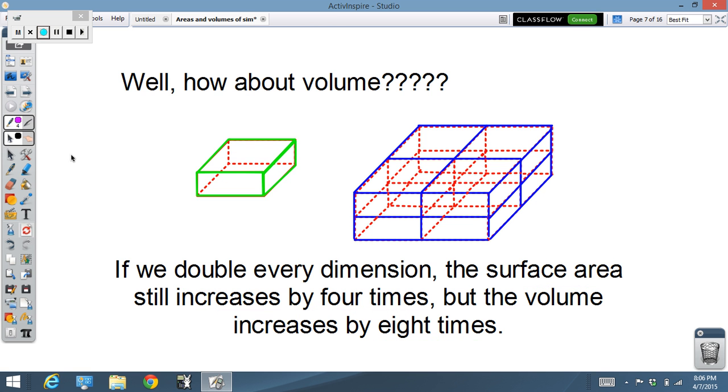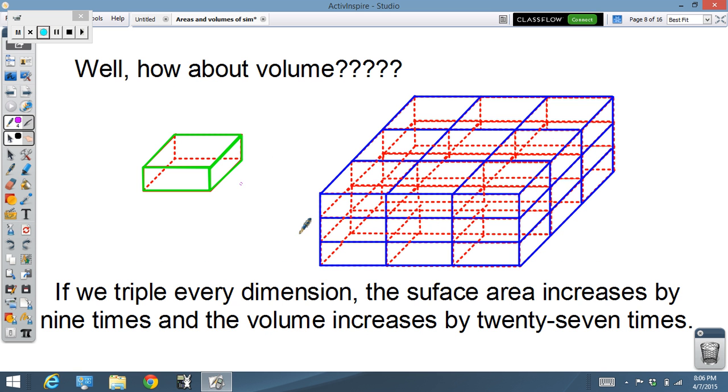Look at another one. Here's our original figure. What happens if we triple every side? So instead of making each side twice as big, now what happens if we make every side 3 times as big? Same thing is going to happen, say on the top. Instead of one top surface, I now have 9. Same with the front.